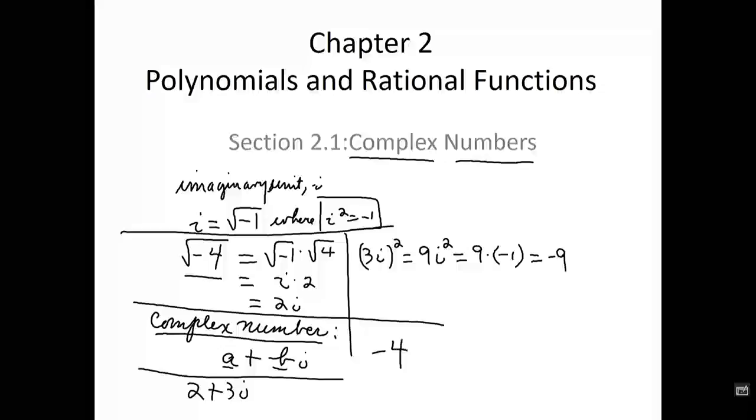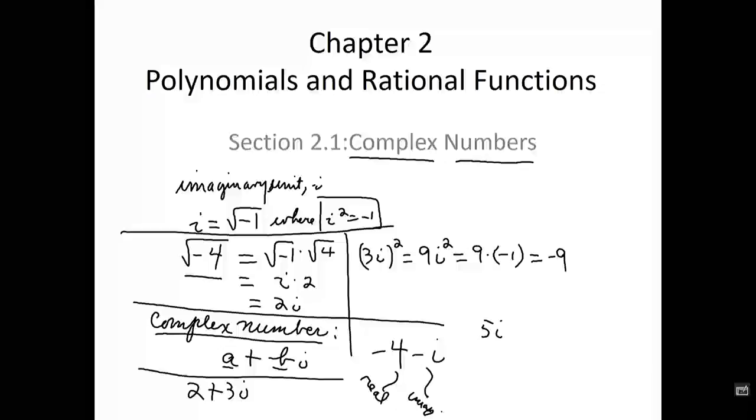Negative 4 minus i. A negative 4 is the real part of the complex number, and a negative 1 is the imaginary part.